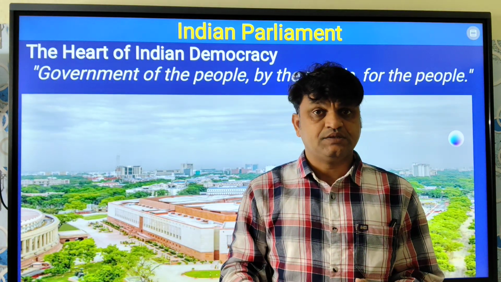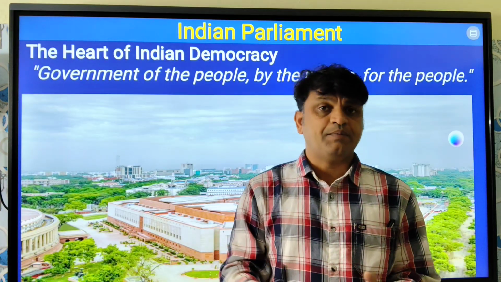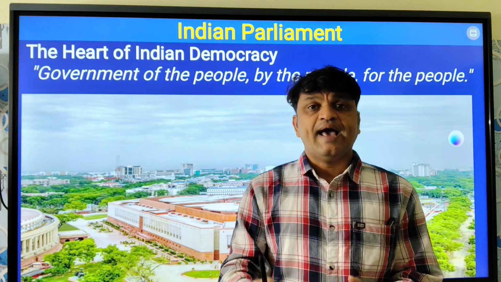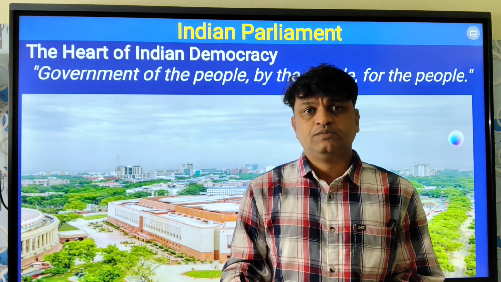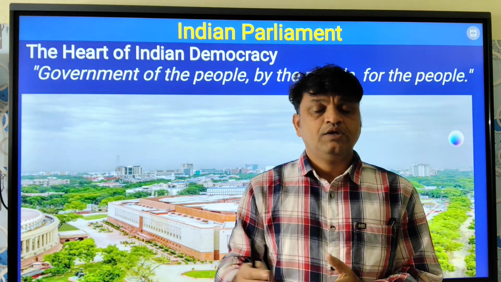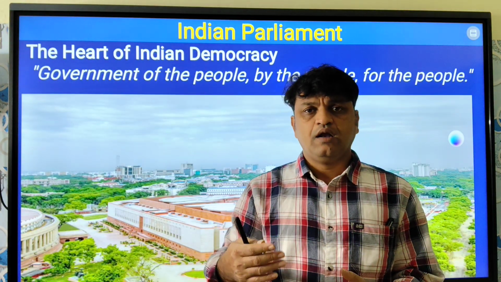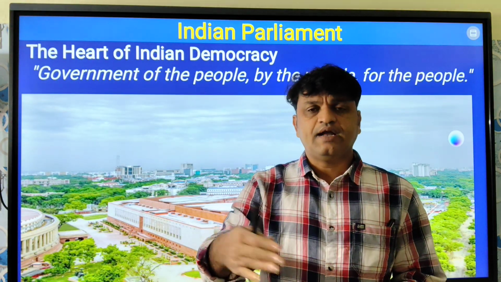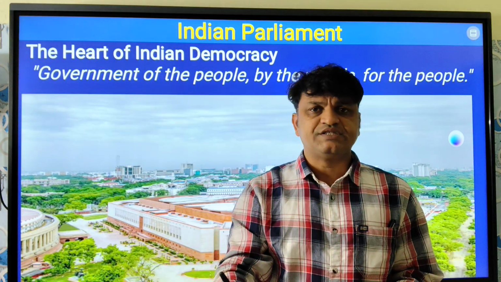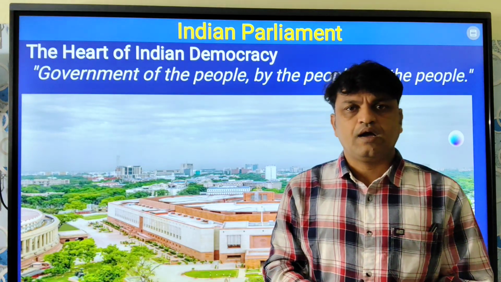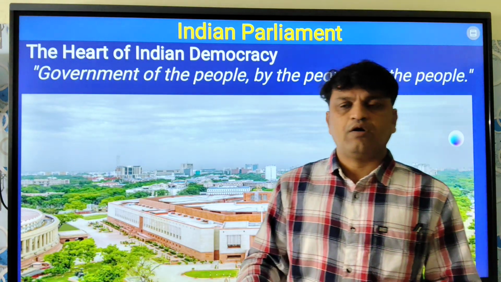The majority of MPs belong to a political party, for example the BJP, and they elected Mr. Modi as the Prime Minister of India. They chose their leader and formed the government; the president calls them, they take the oath, and after that they choose the council of ministers and run the government. This is the simple setup of the union government.